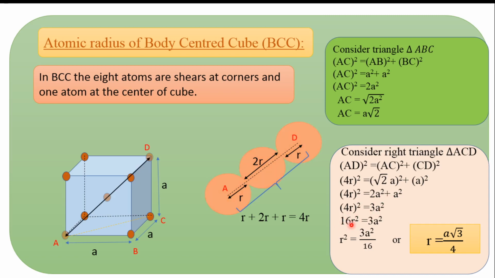So 16R square is equal to 3A square. So R square is equal to 3A square divided by 16, or R is equal to A under root 3 divided by 4. So this is the radius of body center cube.